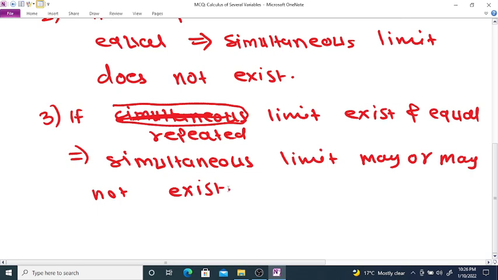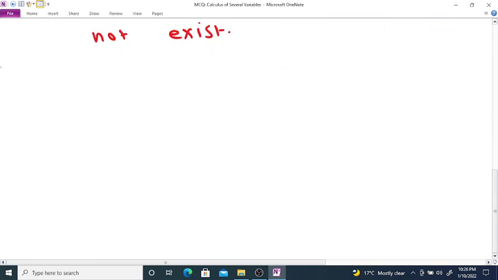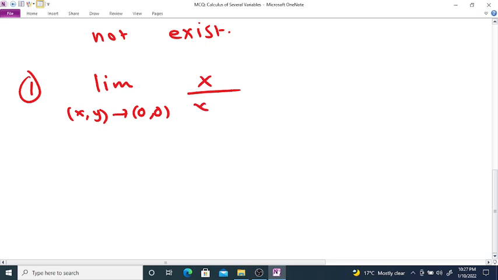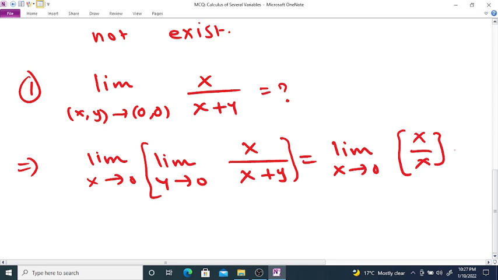Now take a simple example for the first case. Check whether the limit as (x, y) tends to (0, 0) of x divided by x plus y exists or not. If we find the first repeated limit, x tends to 0, limit y tends to 0 of x divided by x plus y, it is equal to limit x tends to 0 of x divided by x, which is equal to 1.